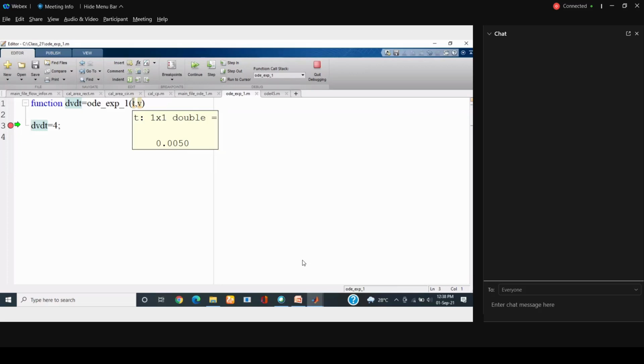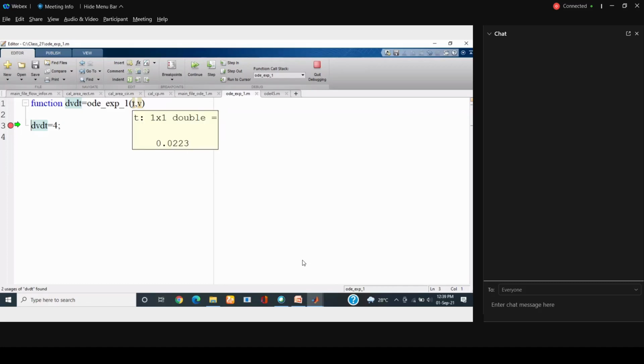So 4 multiplied by 0.05, plus the initial condition, that's 0.5, is what gives us the value of V. So if you continue again, the value of V is changed and the value of t is changed.